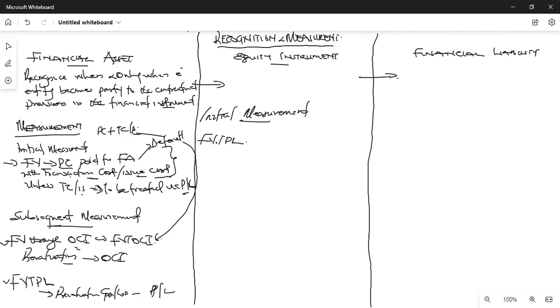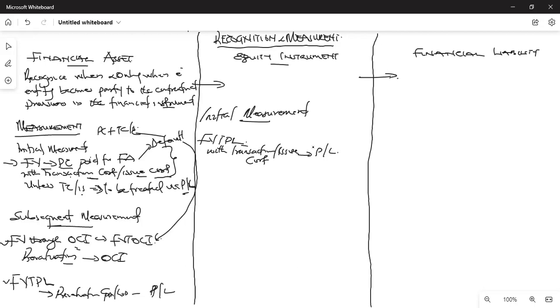When we say fair value through P&L, it means that the transaction cost, or issue cost, will go to the P&L.